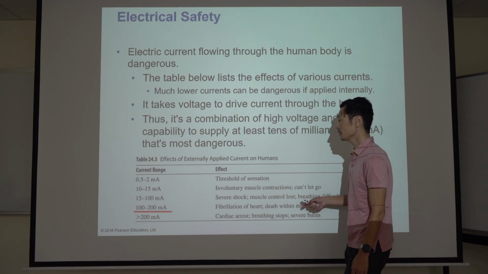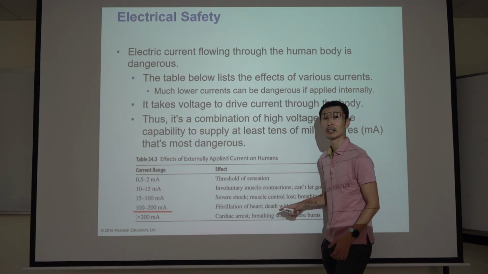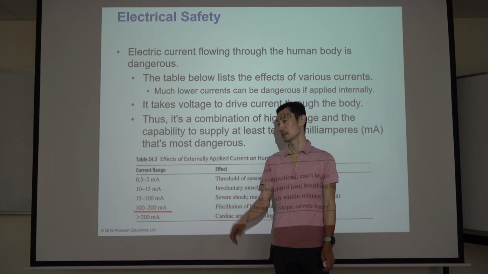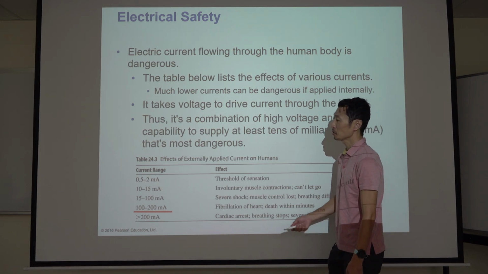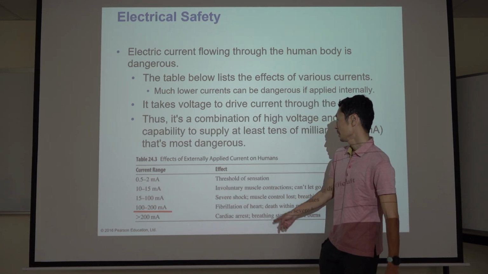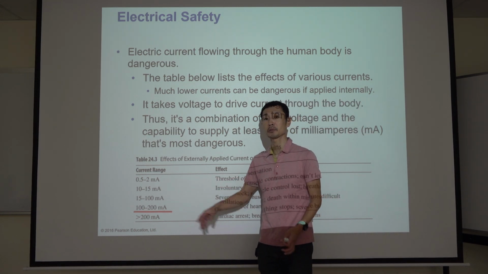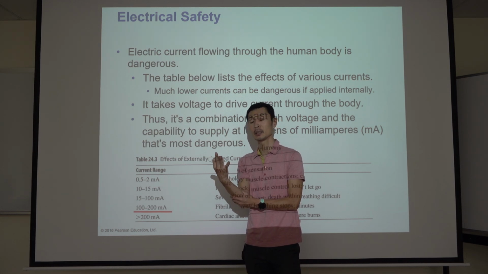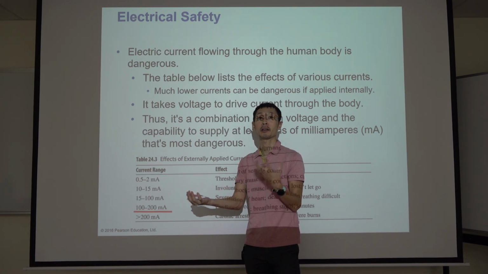Let's look at a few levels. For example, 2 milliamperes: you feel it, usually as pain, right? If it goes to 10 milliamperes, then muscle contractions. Your muscles, regardless of your will, start to contract, and you cannot control them.